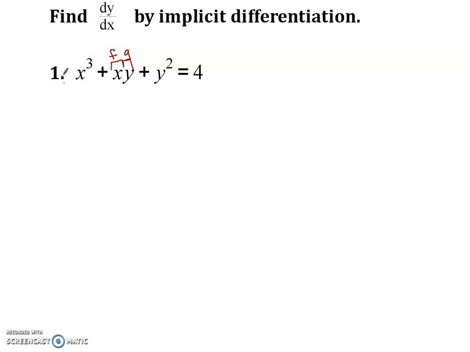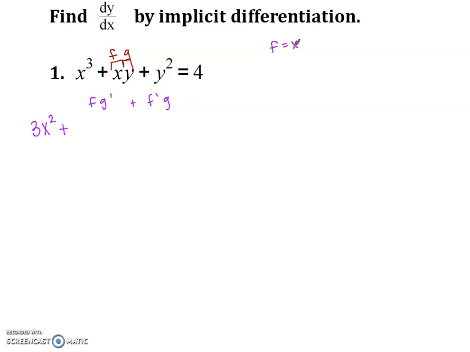So I'm going to just start with the x cubed, and that'll become 3x squared, so this is just the regular derivative. Then plus, when I do this derivative, I'm going to have to do f times g prime plus f prime times g.